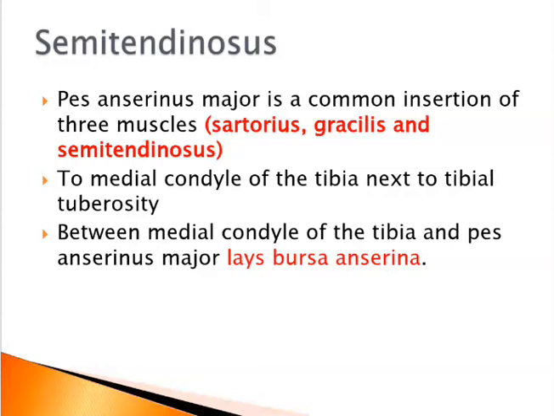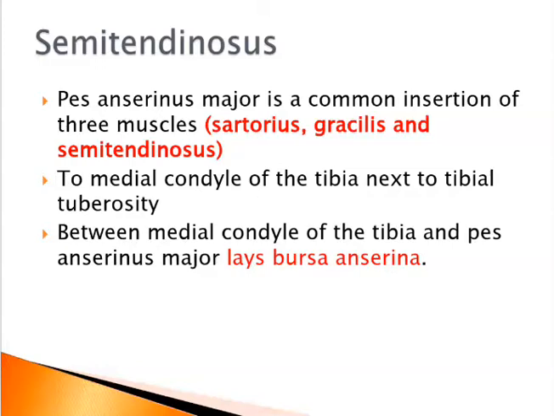Continuing with the insertion of semitendinosus, this is pes. What is pes anserinus major? Pes anserinus major is common insertion of three muscles, that is sartorius laterally, middle gracilis and semitendinosus.